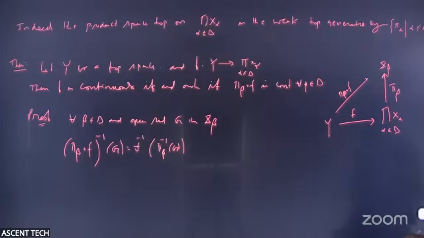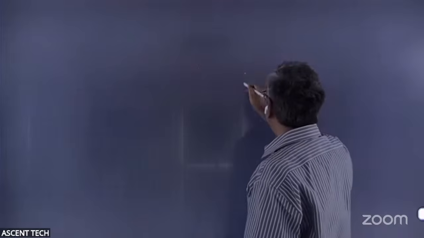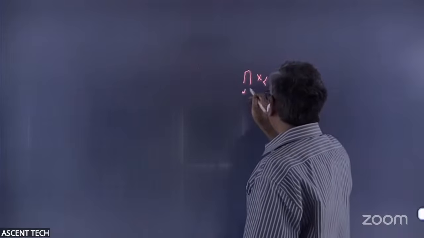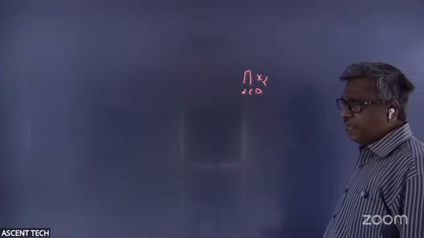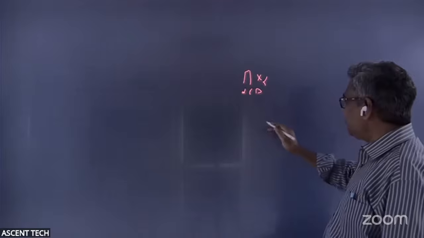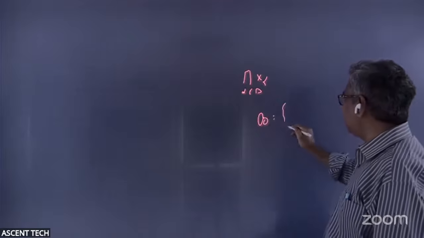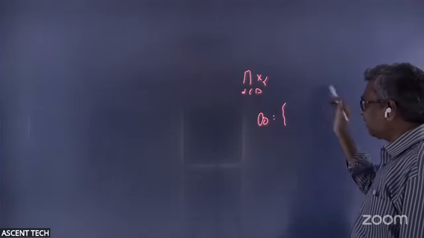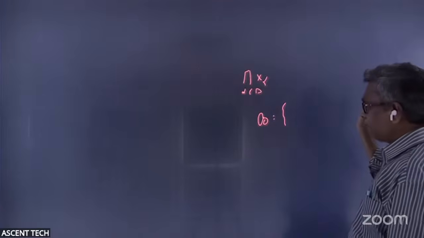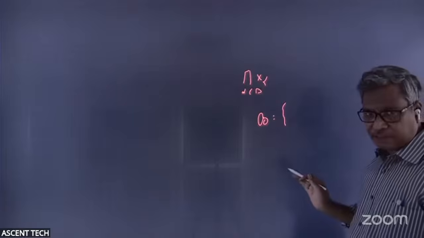Then we'll ask, well, what is this box topology you're talking about? It's very interesting. Why are you taking only open sets in some components and everywhere else only X alpha? The basic open sets in product topology are such that only finitely many components are genuine open sets in the corresponding topological spaces. The rest of them are all full spaces.